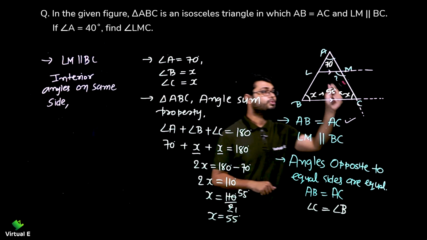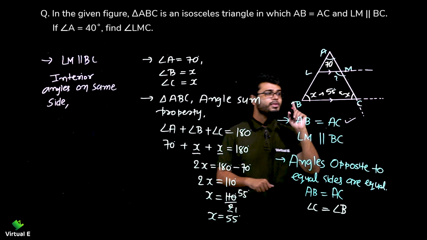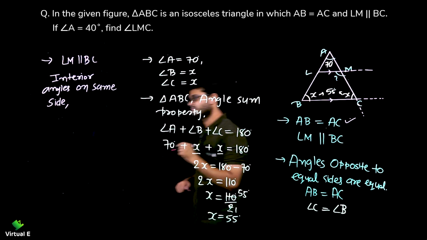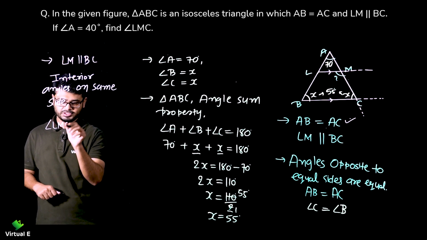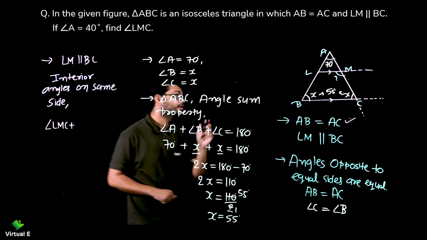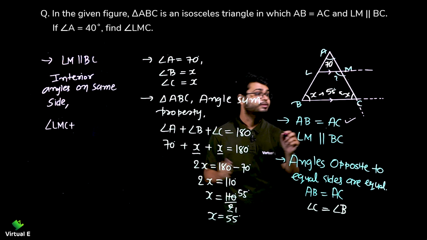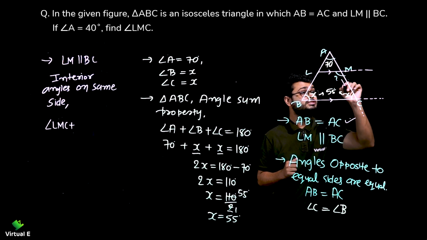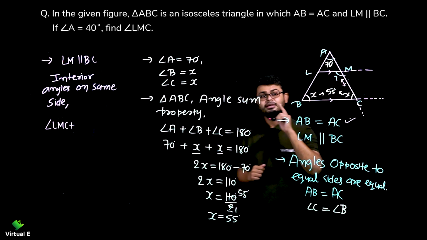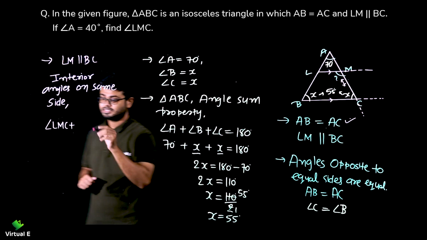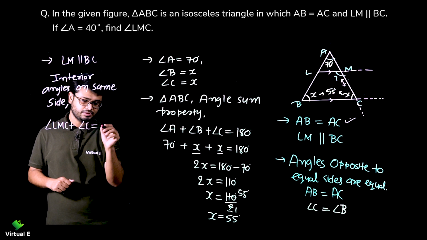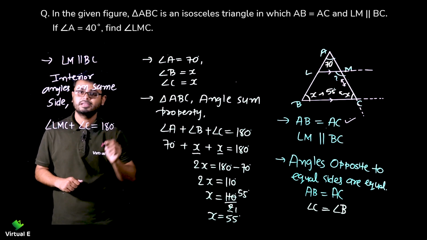If I add these two angles, I'm going to get what? 180 degree. So let's mention, first angle is angle LMC plus here, right? This is what we wanted to find. See in the question, this angle and these two angles will make 180 degree. This is LMC, and this angle is, let's say, angle C here is equal to 180 degree.